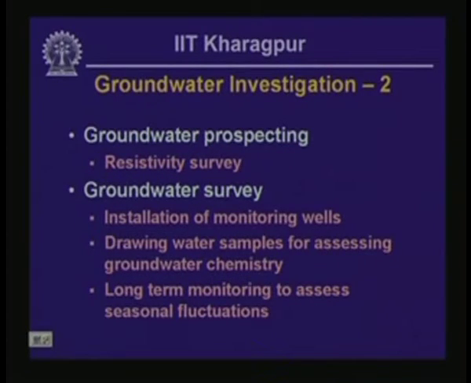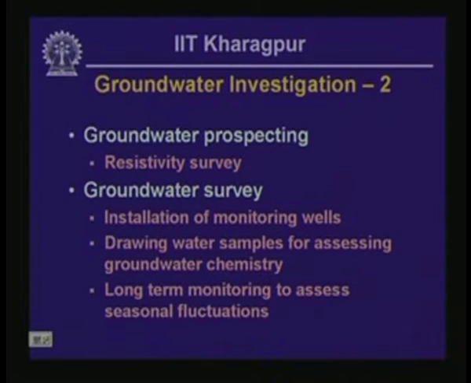Continuing with groundwater investigation, one of the procedures involves groundwater prospecting. What we attempt to do in groundwater prospecting is to identify a source of groundwater. Typically, resistivity survey is a very common procedure for identifying a potential source of groundwater or a zone of saturated soil underneath the ground surface.